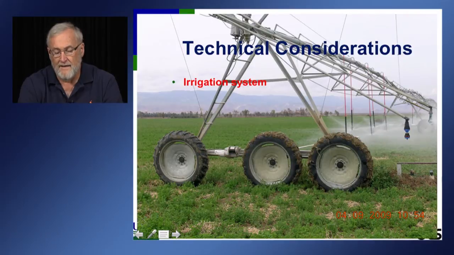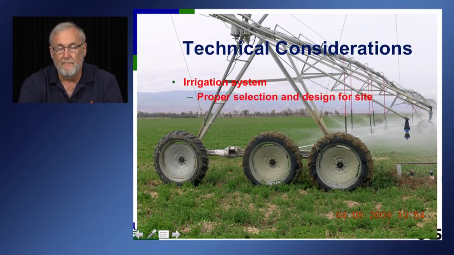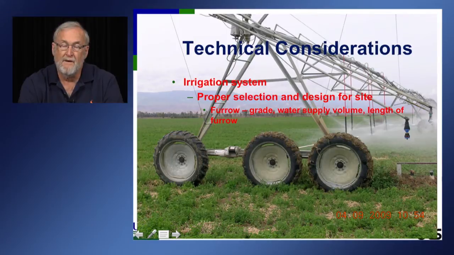Okay, what about the irrigation systems? The critical thing is to have the proper selection and design for a given site. One of the things, if you're going to have a furrow irrigation system, surface grade is absolutely critical. If you're going to effectively manage the system, it has to have the right furrow length.